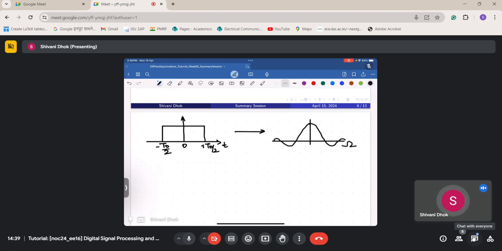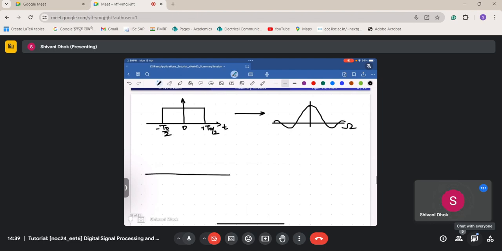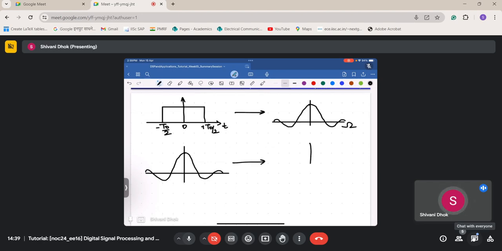And similarly, if I have a sinc in the time domain, then I'll have a rectangular function in the frequency domain. So this is what comes when you solve. This is a thing that you should keep in mind in general.